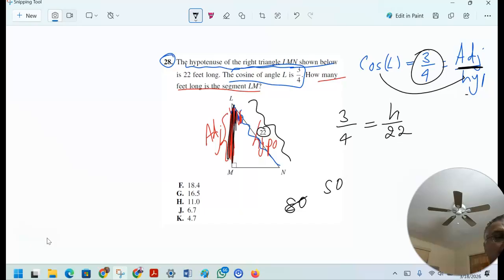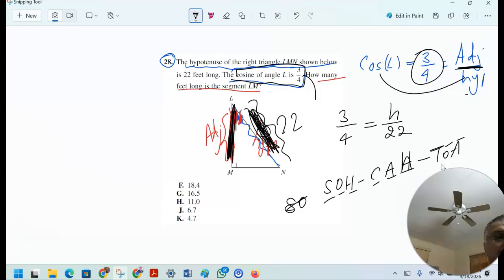You have to remember from trigonometry SOHCAHTOA, where sine is opposite over hypotenuse, cosine is adjacent over hypotenuse, and tan is opposite over adjacent. The good thing is they already gave you the ratio, which is cosine, 3/4. So if this is 22, how much is the other one?